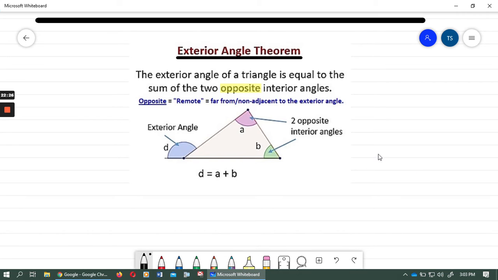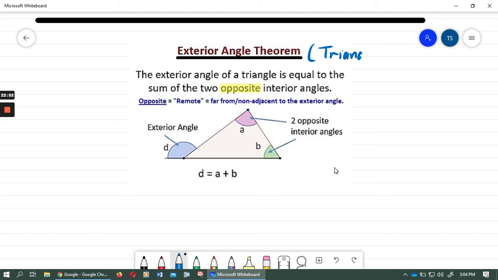Okay, so now folks, now that we know what an exterior angle looks like in triangles and what an exterior angle doesn't look like for a triangle, now we can discuss the exterior angle theorem. So guys, of course we know that exterior angles can exist in any type of polygon, but this theorem is exclusive to triangles.